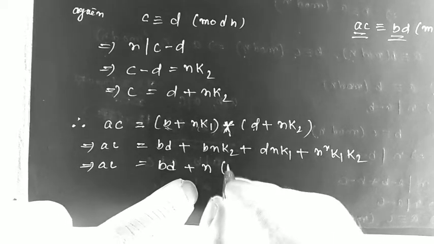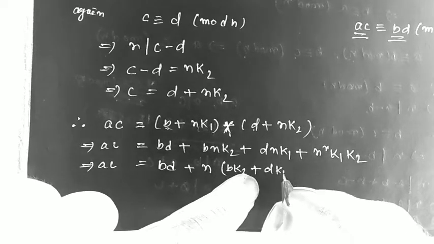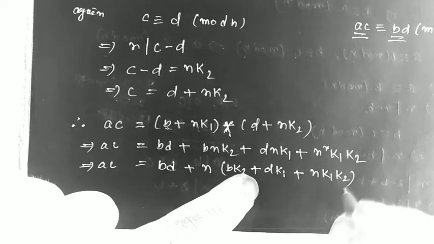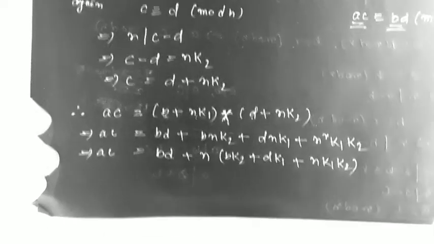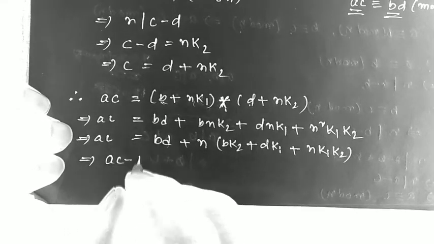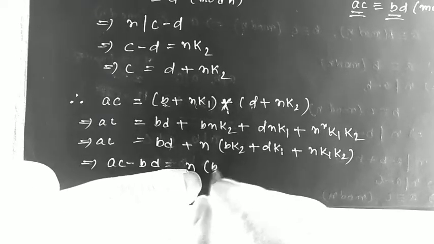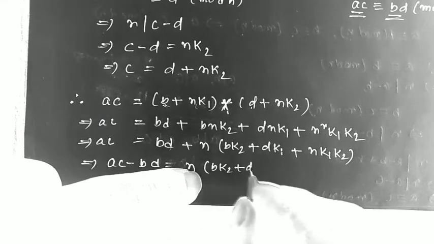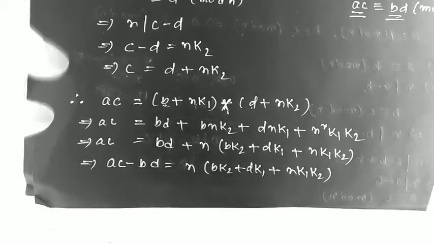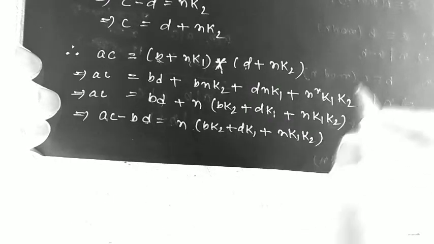If we take n common, we get BK2 plus DK1 plus nK1K2. Now if we take BD this side, AC minus BD is equal to n into BK2 plus DK1 plus nK1K2. That means AC minus BD is equal to n into something.